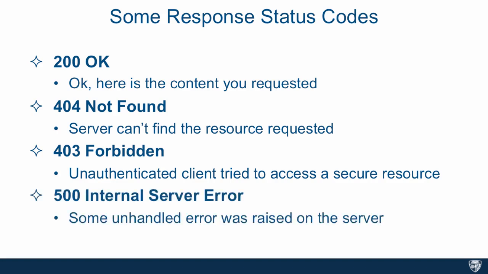Another pretty common one is 500 Internal Server Error. Usually that happens when some error was raised in the server and was unhandled, and it spilled over, and now you as the user, probably in the browser, are seeing a 500 internal error.